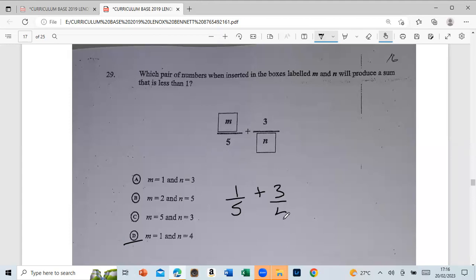You can even try it if you want. The LCM will be 20. 5 into 20 goes 4 times, so 4 times 1 is 4. 4 into 20 goes 5 times, so we multiply by 5, 3 times 5 is 15. And there we have it now. That will be 19 over 20, which is less than 1. So that will be D, which we had already established.